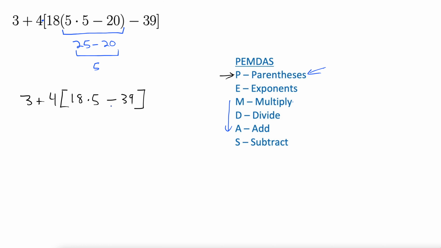Let's do the multiply first because we have to, since multiply is above subtract. Inside of this, we have 18 times 5. 18 times 5 is 90. 90 minus 39 is 51.